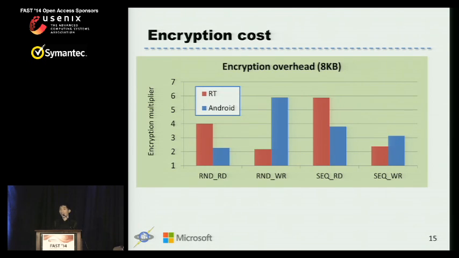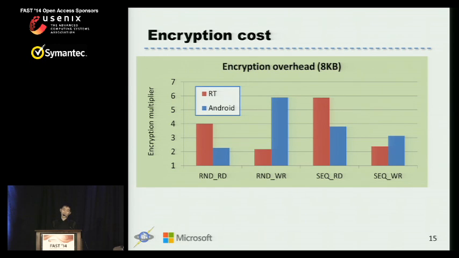So we designed an experiment to decide how much the encryption costs. We have 2 identical smartphones. The only difference between them is that one is encrypted, one is not. We run the same benchmark or applications on them, and we provide the result here.